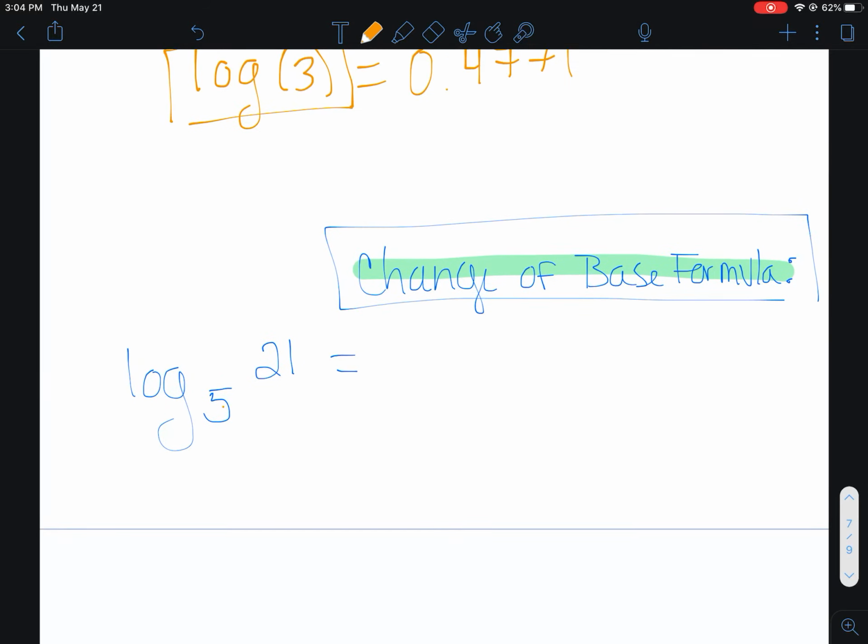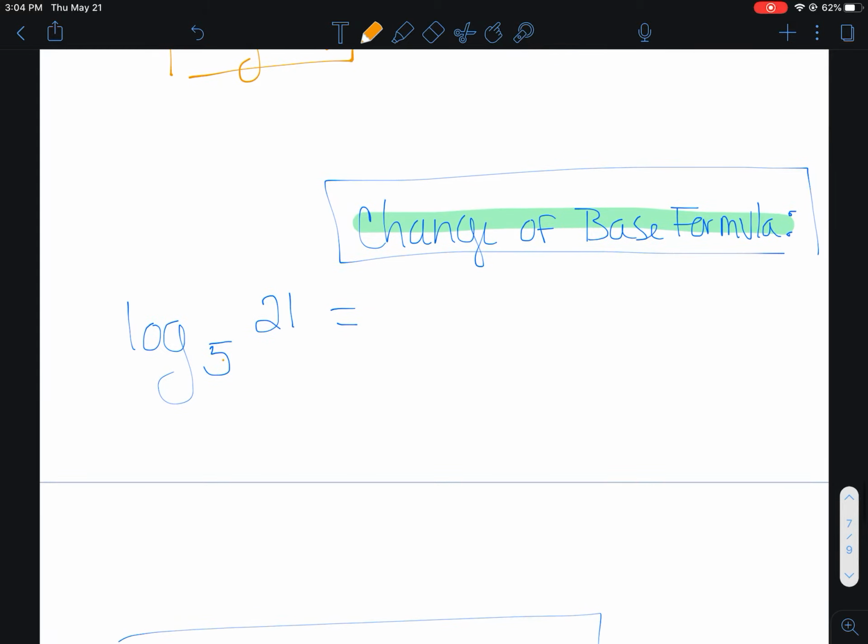So the log base 5 of 21 is going to really be in our calculator. Well, first of all, this is asking me 5 to what power gives you 21, okay? Well, I have no idea. So, right, 5 squared is 25, so it's got to be below 2, but I don't know exactly.